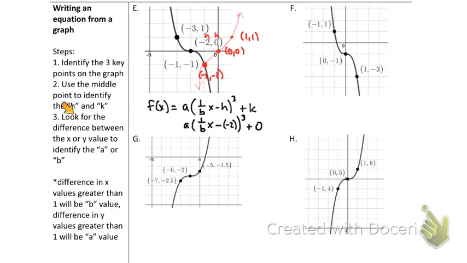So if you look, to find our a and b, in step 3 it says we're going to look at the difference between the x and y value to identify the a and b. Remember, the change in x value is actually going to give us our b. The change in y value is going to give us our a. So watch how I attempt to do this.